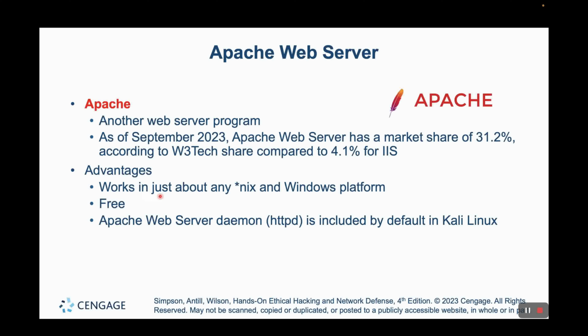An advantage is that it works on just any Unix, Linux, and even Windows platform. The good part, it's free. And you just have to run httpd, like if you want to run it within Kali Linux.